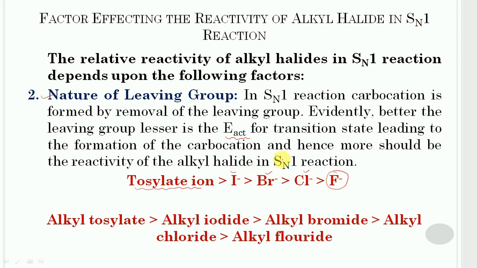So the order of reactivity of different substrates in SN1 reaction also follows the same trend. Alkyl tosylate reacts faster as compared to alkyl iodide, then alkyl bromide, alkyl chloride, and alkyl fluoride has the least reactivity.